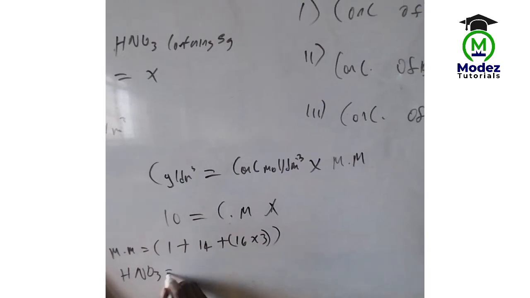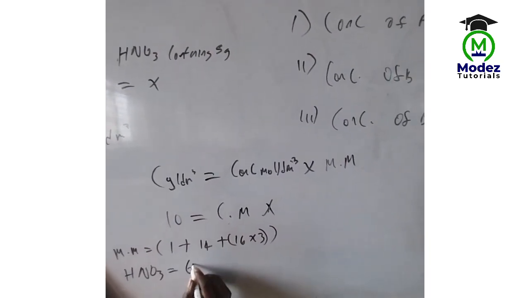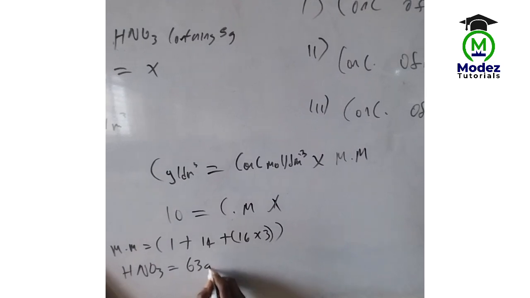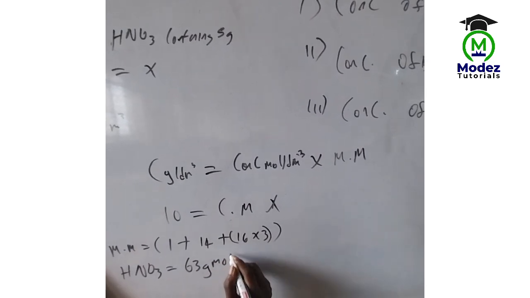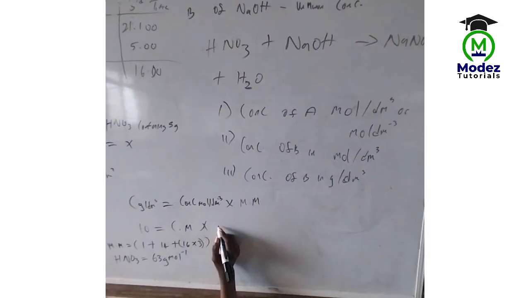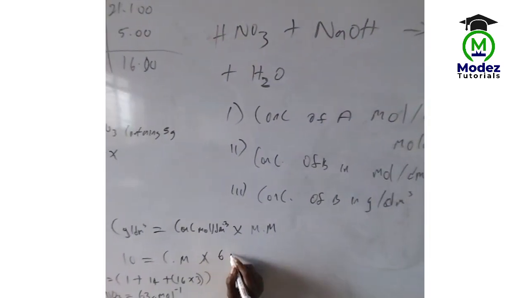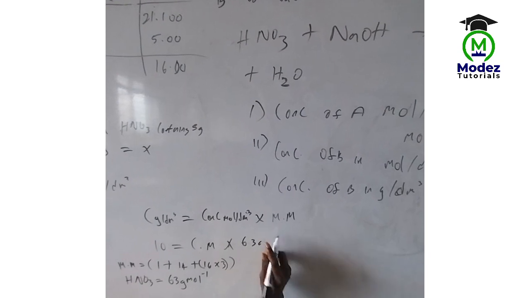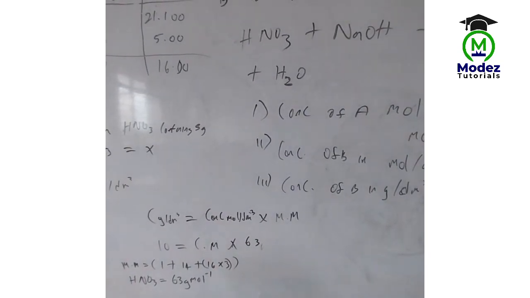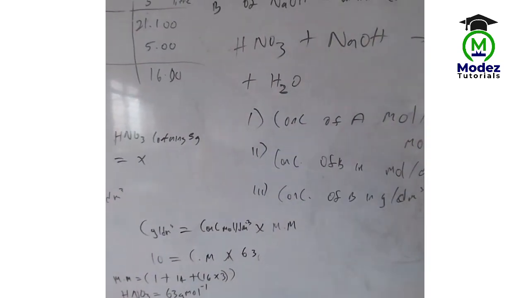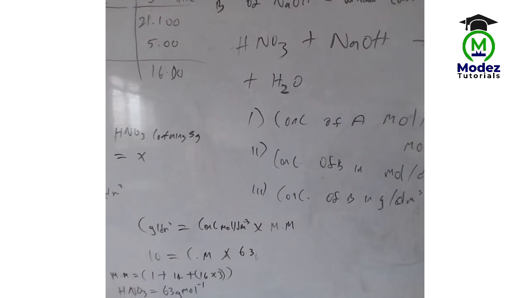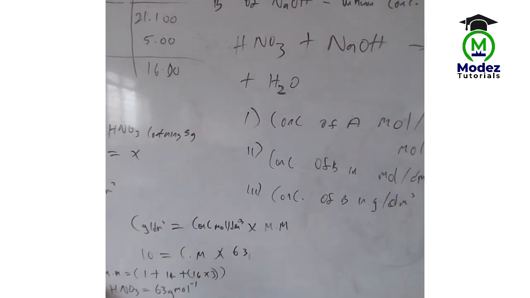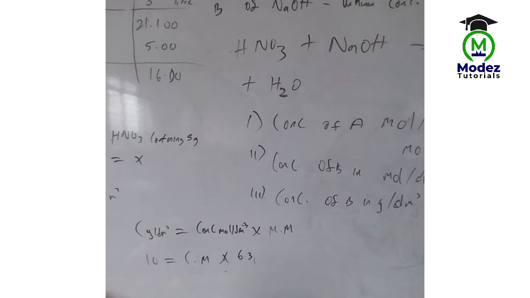If you add everything together, you have 63 grams per mole. Then you put the 63 grams per mole here.